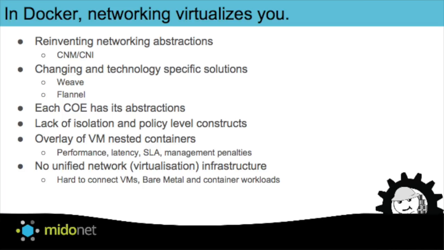They have spent a whole lot of time reinventing network abstractions. And we're also talking about something that's not quite mature and not quite stable. There's a lot of change happening, and the Docker community is actively working on networking, and that's why we can expect a lot of changes in the future, how Docker wants to work with subnets, routers, and for example, what we in OpenStack have, security groups. All of these things are still evolving in Docker.